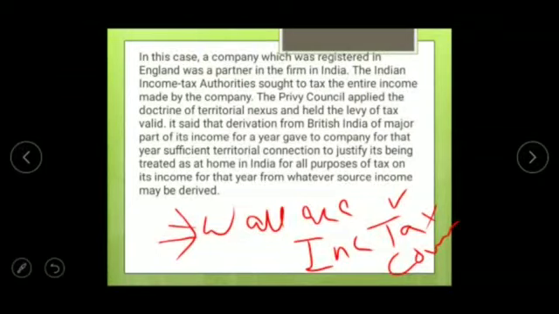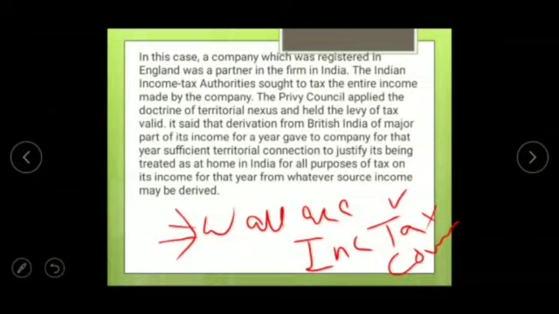Now the income tax authorities sought to tax the entire income made by the company. So what did the Indian Income Tax Authority seek? They sought to tax the entire company. It was registered in England but was a partner in a firm in India, and they sought to tax the whole company.